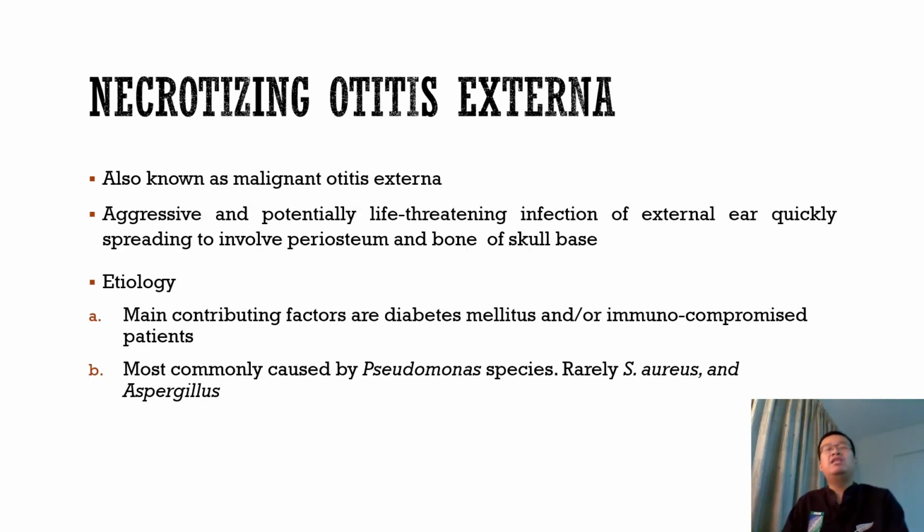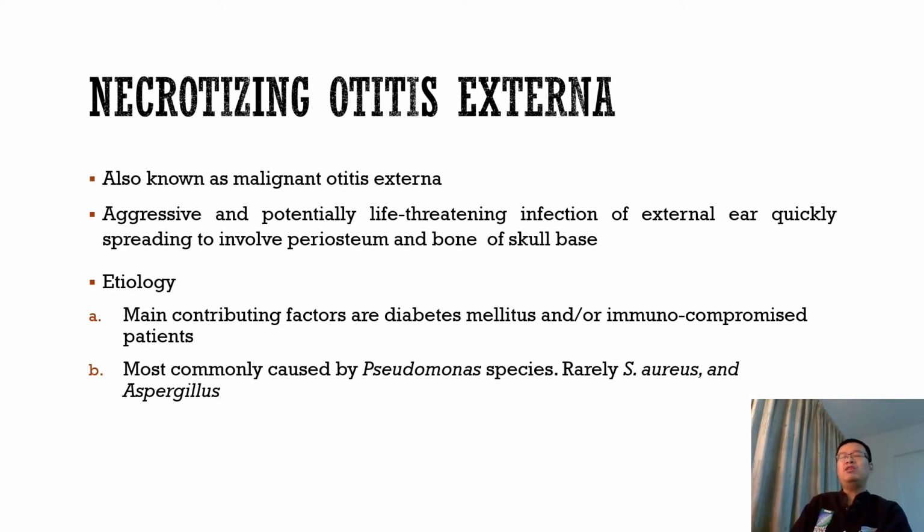Let's move on to malignant otitis externa, or necrotizing otitis externa. Now, it's not a cancer, but basically it's aggressive and life-threatening because it can involve the periosteum quite quickly and the bones of the skull base. Etiology-wise, patients with diabetes mellitus, that is the most common thing, and any immunocompromised patients.